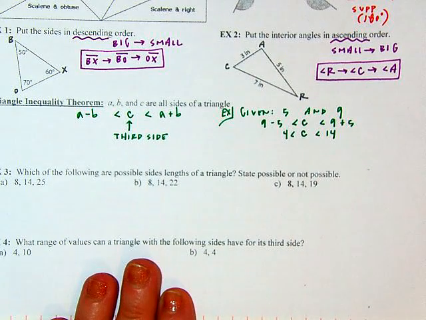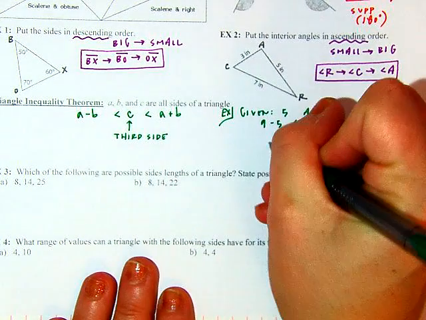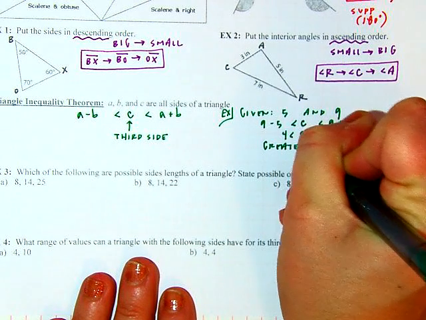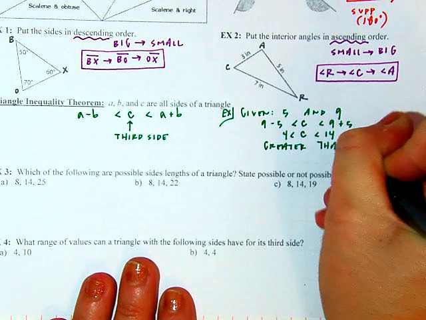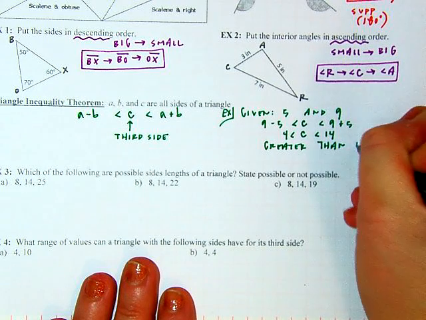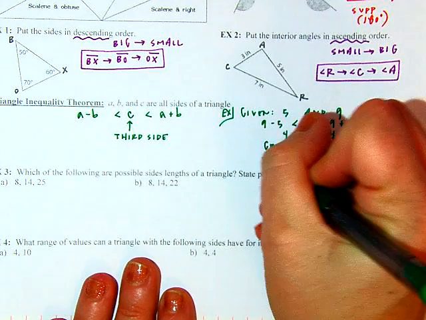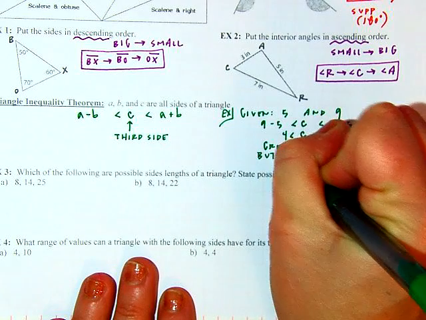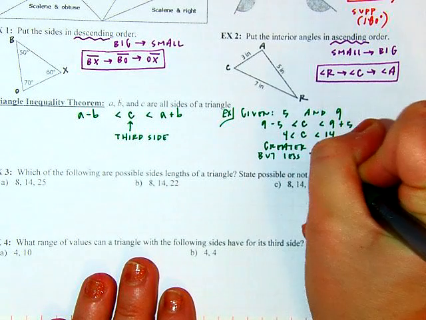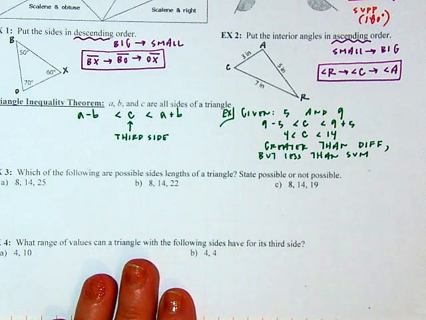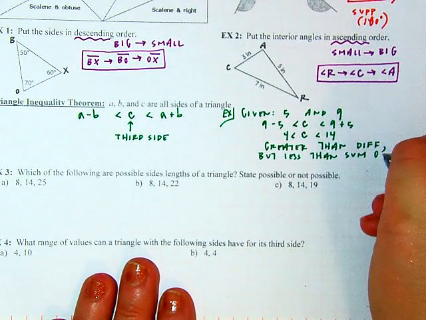This is just inequality notation. All it reads as is greater than 4. Greater than the difference, but less than the sum. Our sum here was 14, of the two known sides.